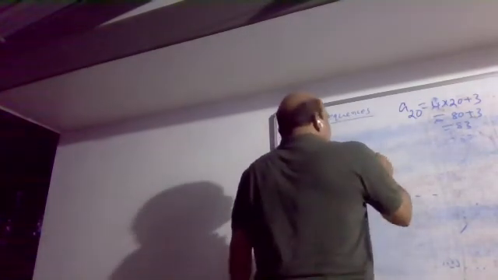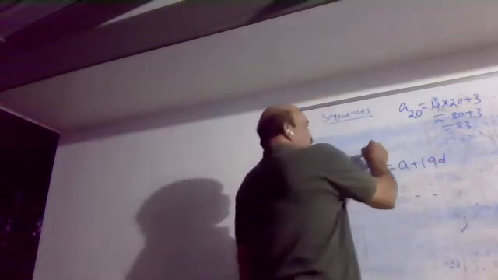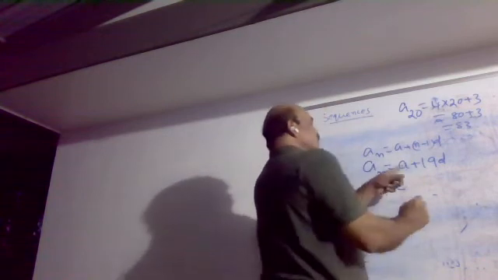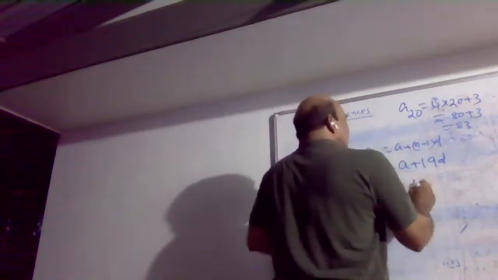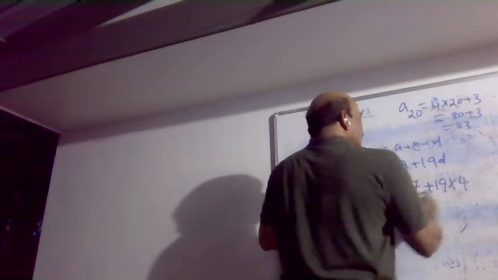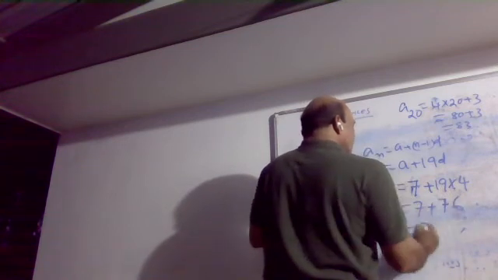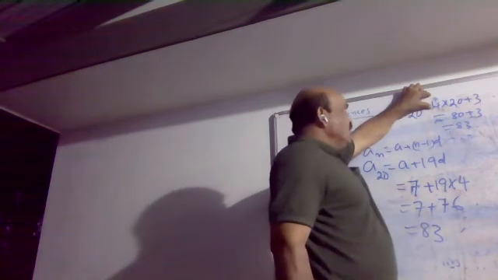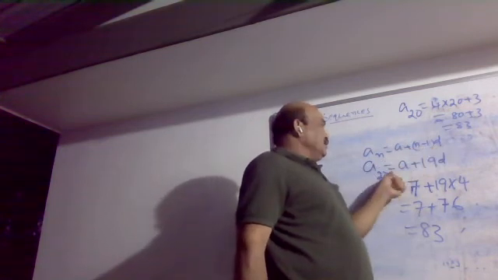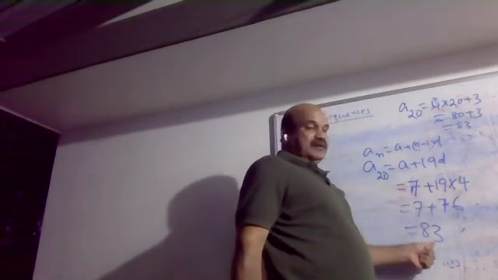Using the other formula, a20 is a plus 19d, that is 7 plus 19 into 4, 7 plus 76, which is 83. Both cases give the same answer.